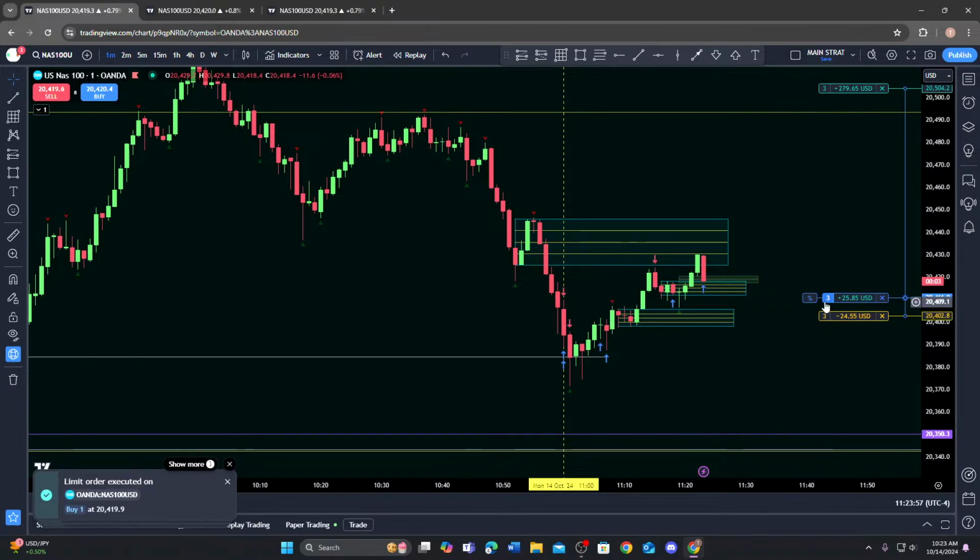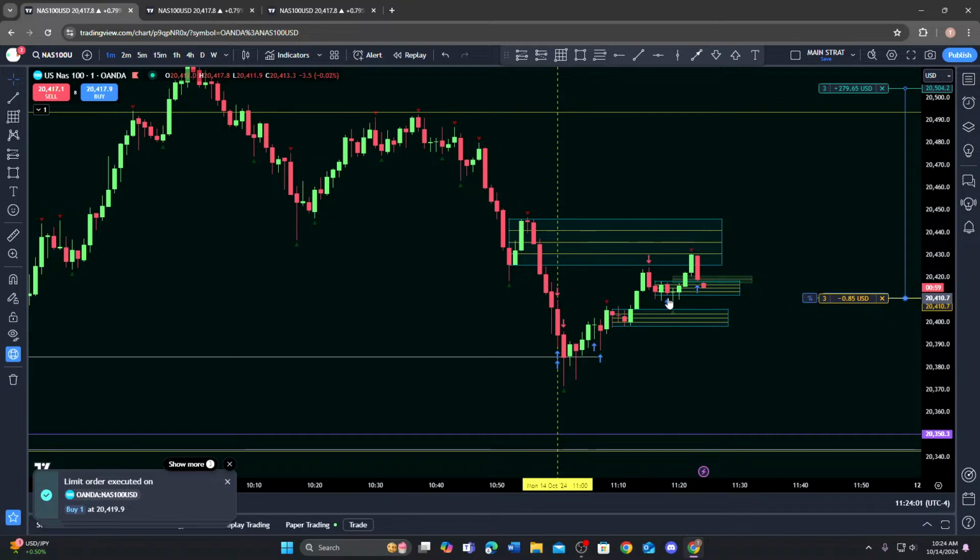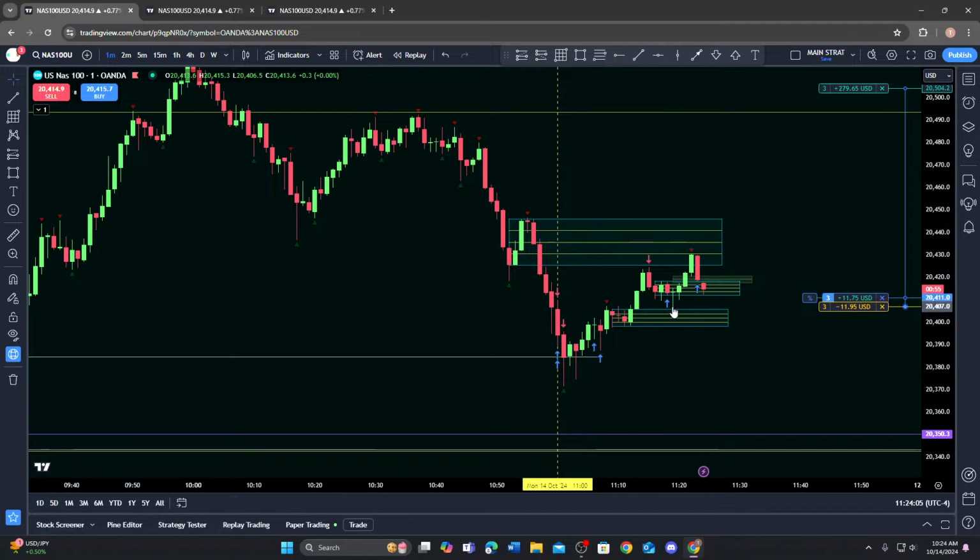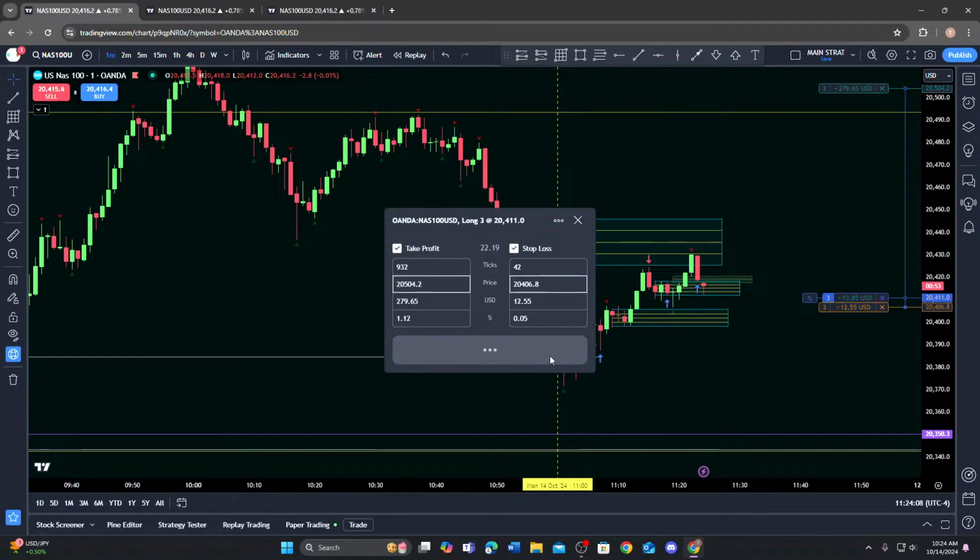Triggered in for my third position. I'm going to move my stop to here because it looks like we are about to break below here.